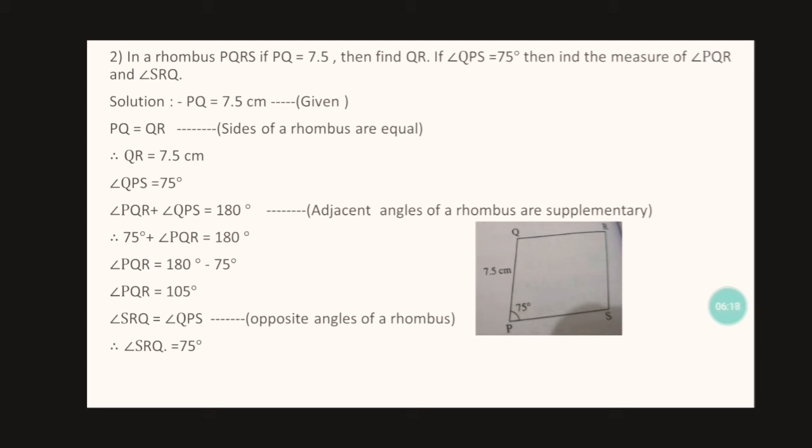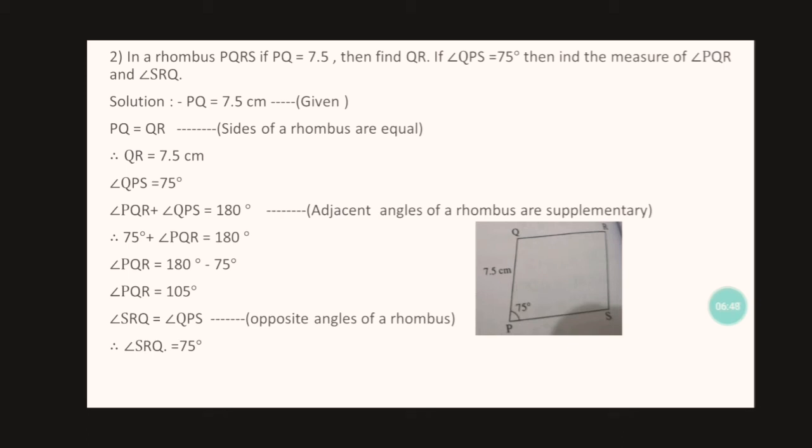Adjacent angles are supplementary. So angle PQR plus angle QPS is equal to 180 degree. Angle QPS you have to substitute. So it is 75 plus angle PQR equal to 180 degree. Angle PQR is equal to 180 minus 75. So the measure of angle PQR is equal to 105 degree.